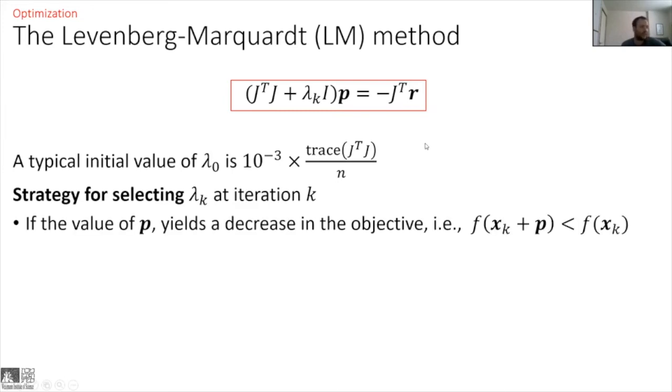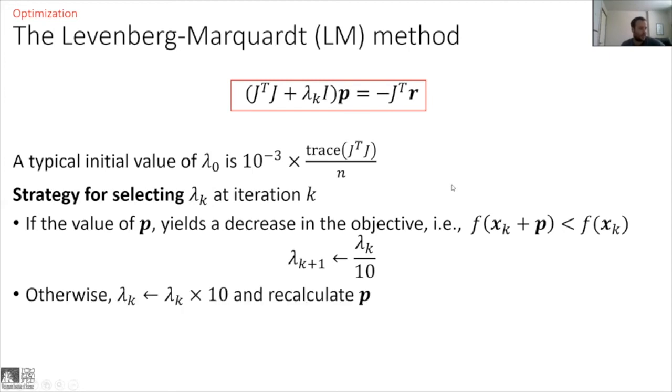And then at the kth iteration, if the step p decreases the objective, in the next iteration we will divide the lambda by 10, and if it doesn't, we will multiply it by 10. So this is the strategy in general.